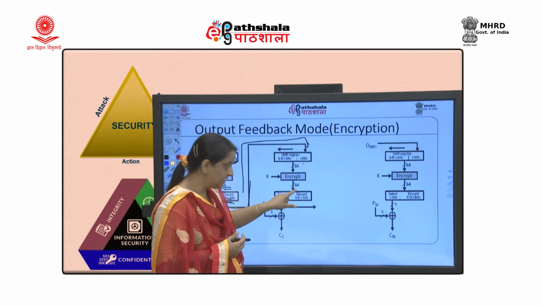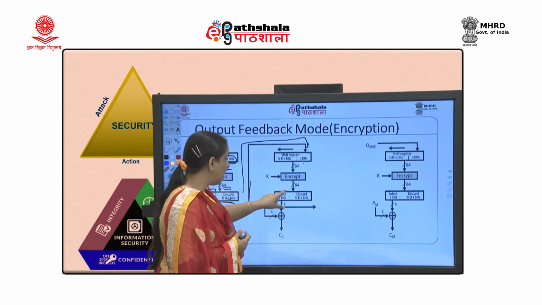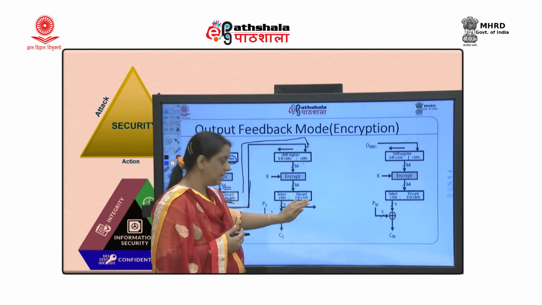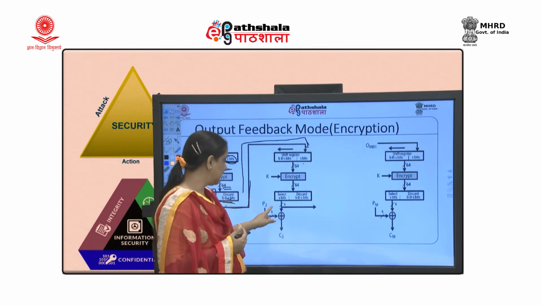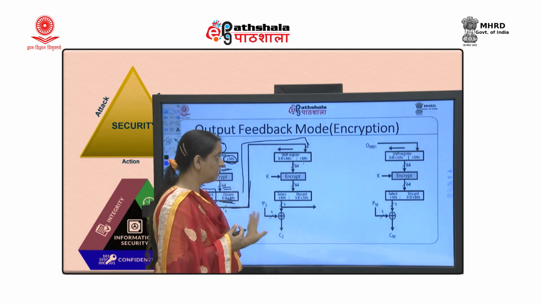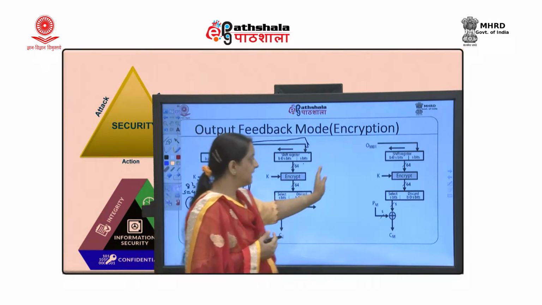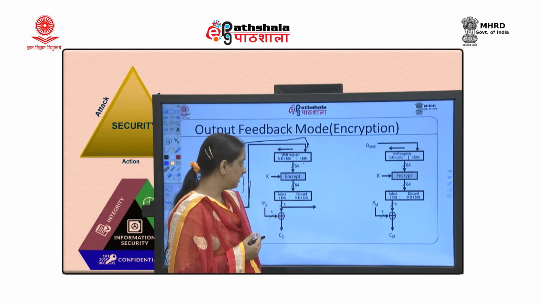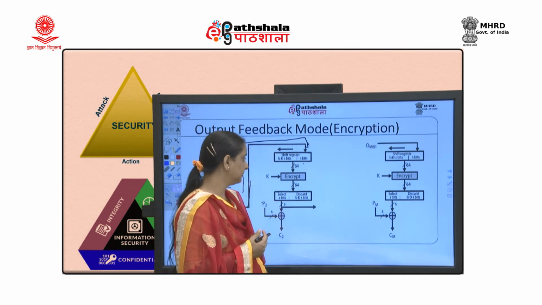We will generate the 64 bits. Out of that 64 bits, S bits would be used and the rest of the bits would be discarded. The process is the same. Take S bits of the P2 block, exclusive OR to generate C2. You can see it is repeated for n blocks to get the ciphertext for the nth block.